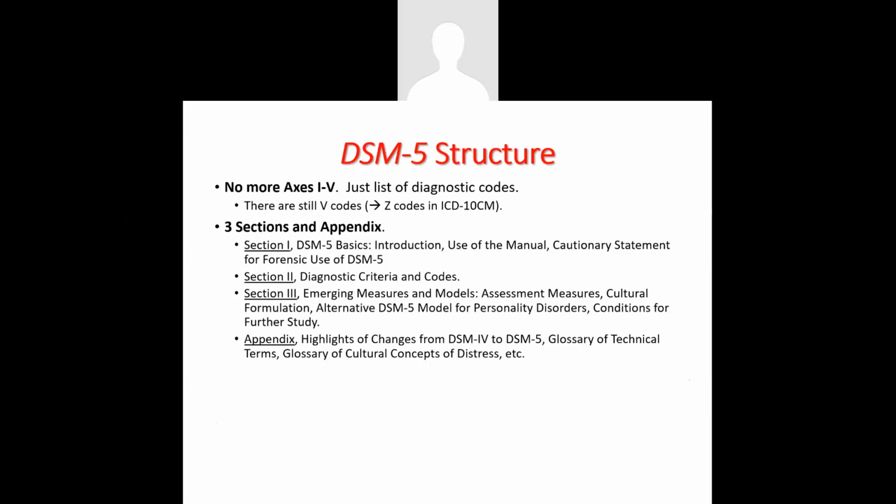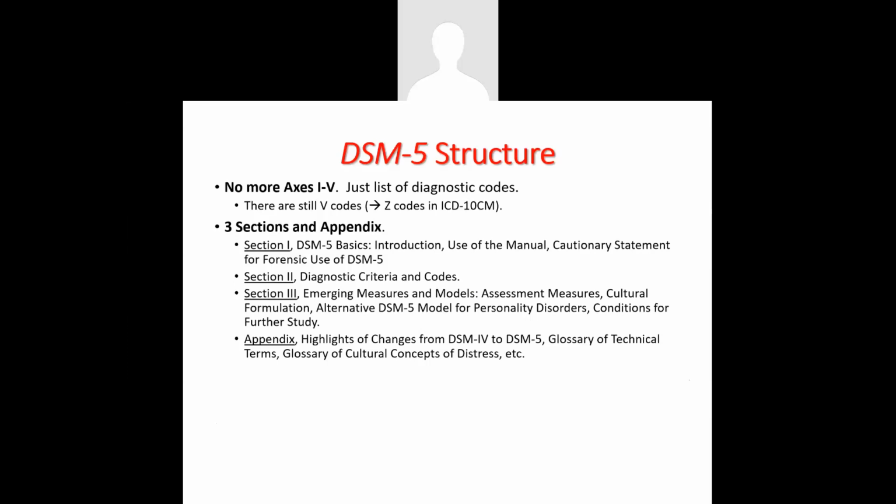The second axis had only 2 different categories. It had intellectual disabilities and it had personality disorders. So only those 2 areas would be put on the second axis. Axis 3 was where any medical issue would be listed.